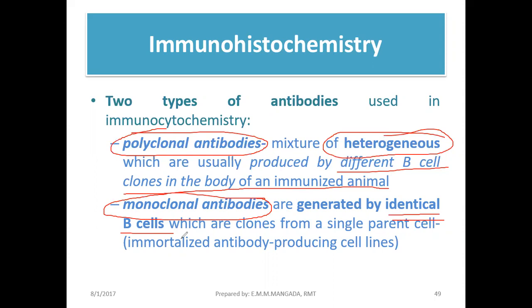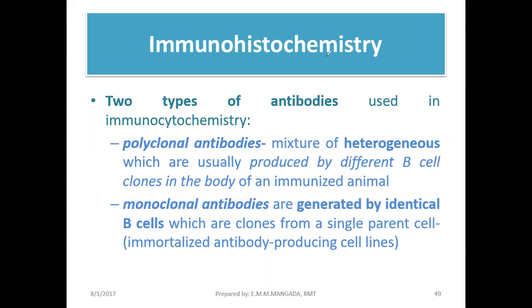Kunwari, parang ganito siya. Paano ko ba i-explain? For example, kunwari ito, sa polyclonal, meron tayong mga different antibodies. May B cell, kako sana. Merong B cell na red, merong B cell na green, merong B cell na pink.